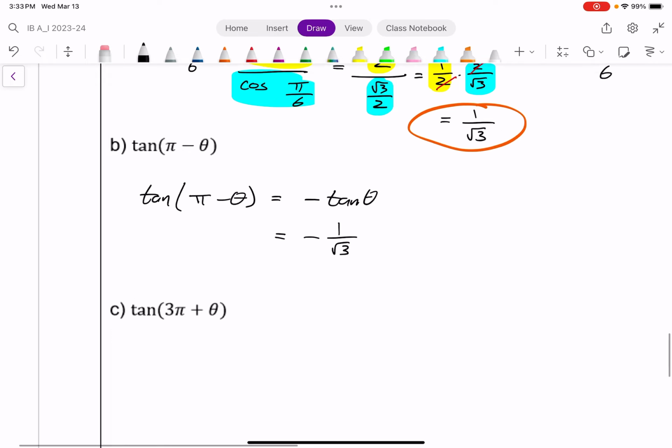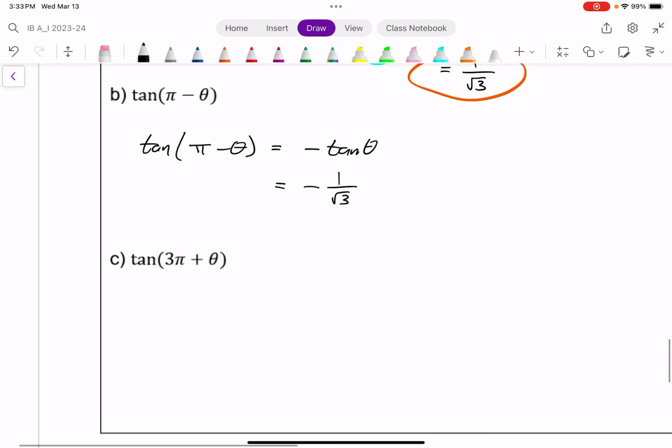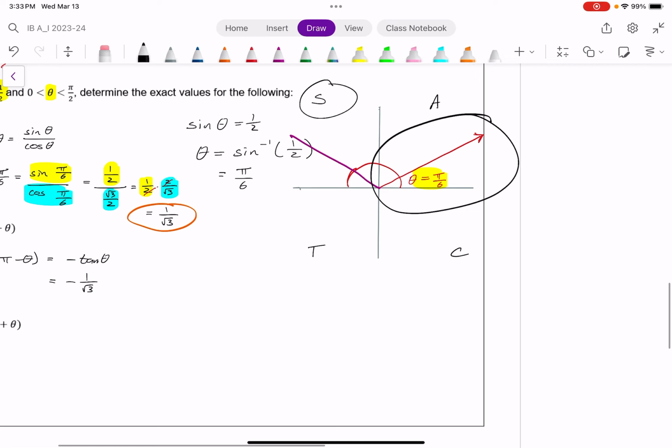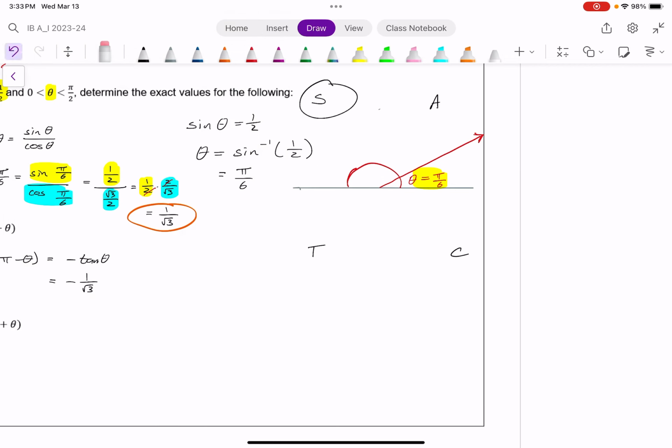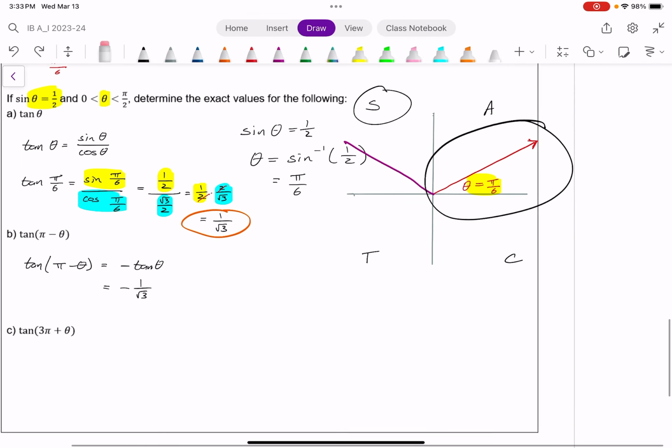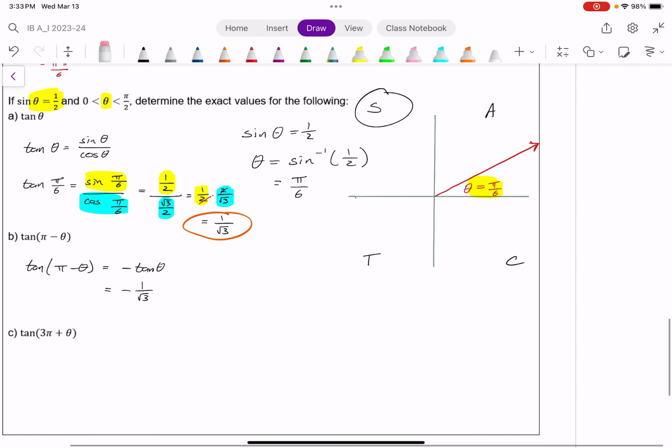Similarly, I want to do this visually for the last one. I have 3 pi plus theta. So what does that mean? Let me clean this up a bit. There we go. 3 pi is 1, 2, 3 180-degree rotations, plus an extra theta. Well, theta is 30 degrees, so now we're right here.